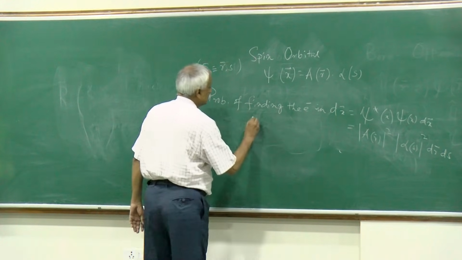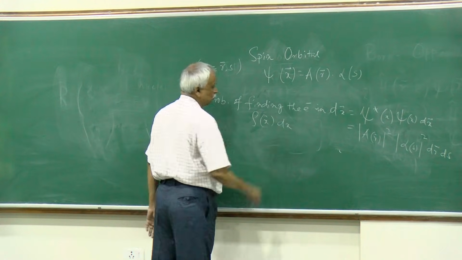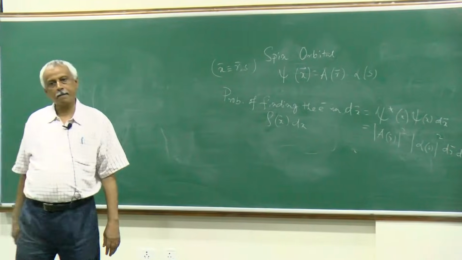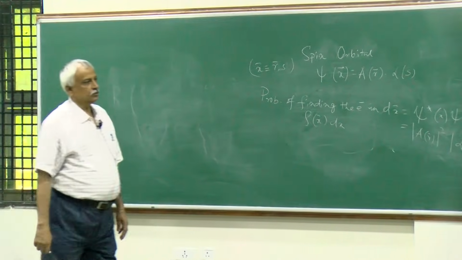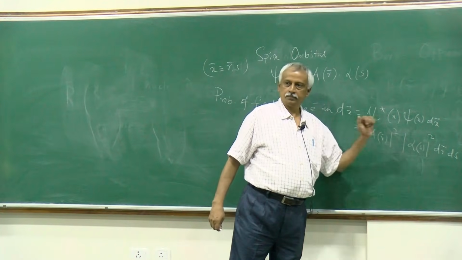And this one, by notation, I will write it as rho(x) dx. So my rho(x) dx is psi star(x) psi(x) dx here.